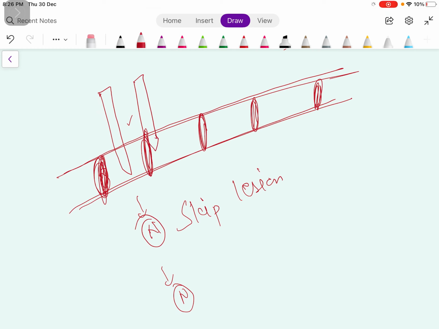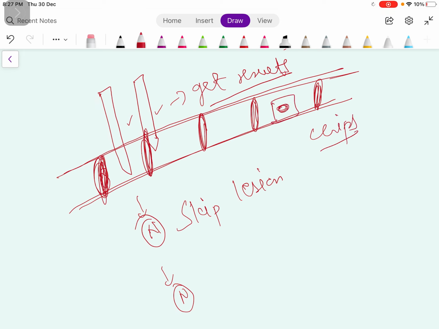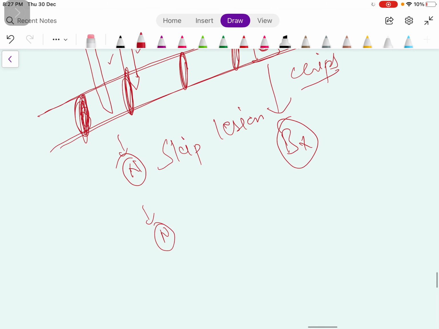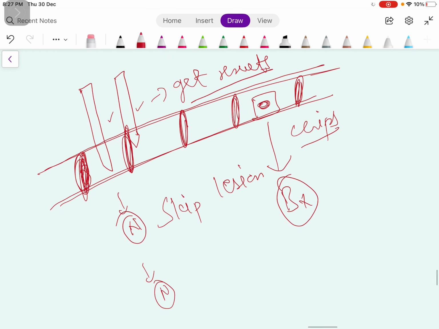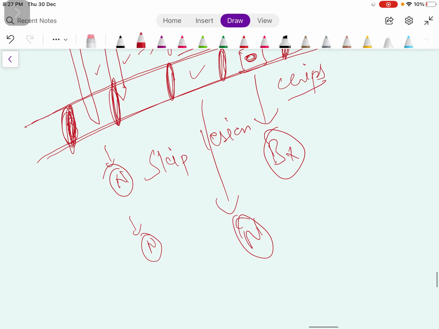You need to take a second biopsy also, and maybe you can get the results. So you need to take multiple chips of tissue. You cannot take only one part. At a time you need to take multiple tissues from multiple sites. Otherwise, if you take from one region, then the biopsy can come out to be normal.